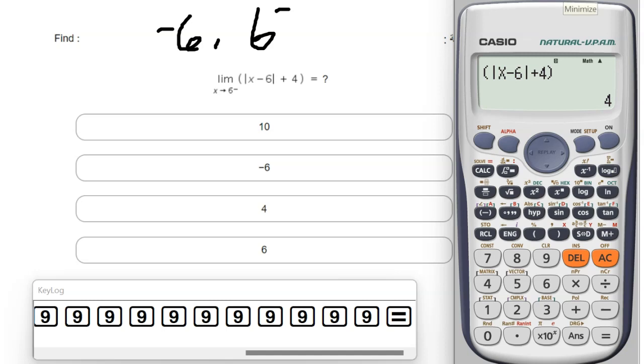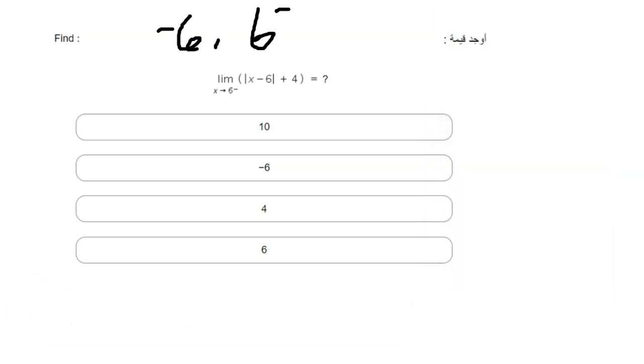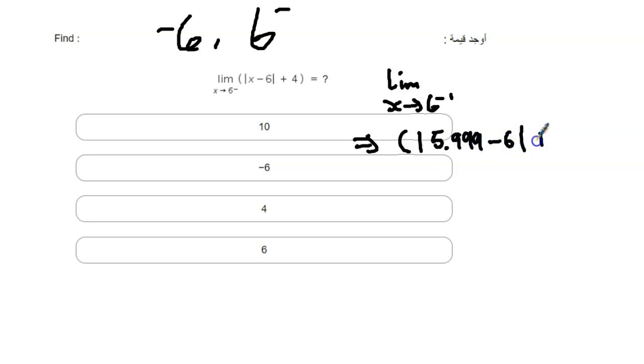Now let's look at it without the calculator. So here, all that we are going to do as x approaches from the left hand side, this implies that wherever we see x, I'm going to put in 5.9999 minus 6 plus 4.